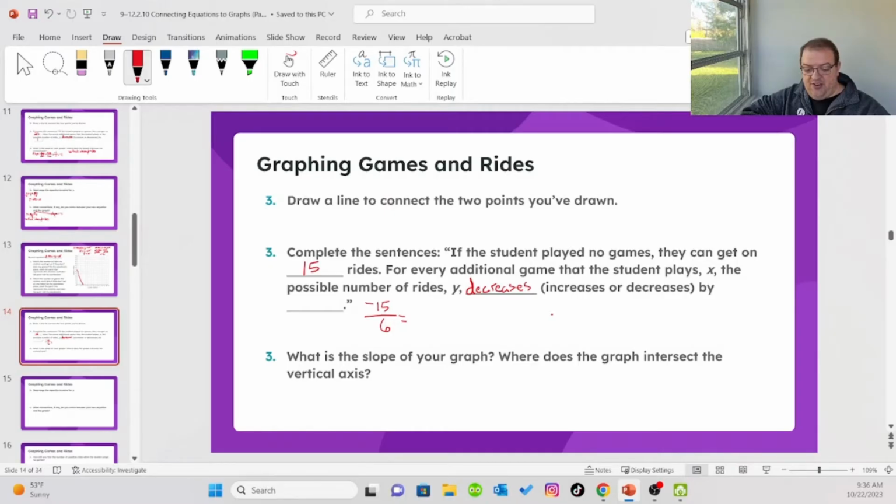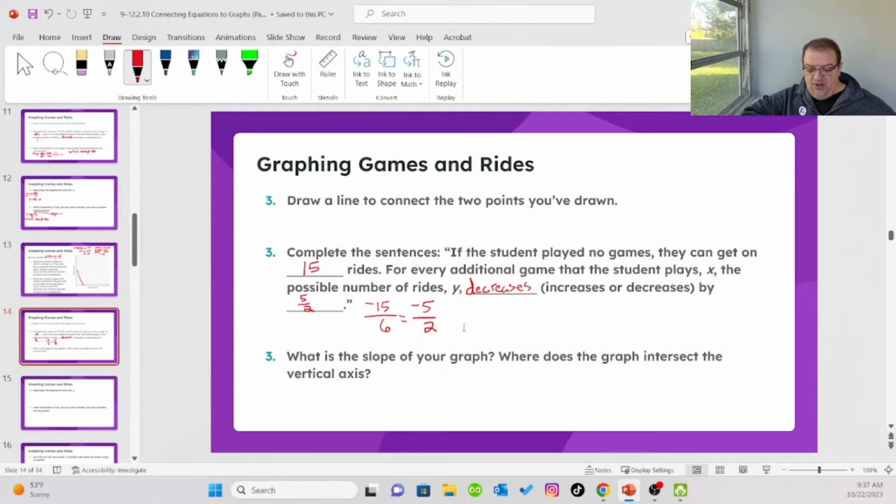So if I divide negative 15 by 3, I get negative 5. And if I divide 6 by 3, I get 2. So this tells us how much we're decreasing each time. We are decreasing by 5 halves every time we increase the number of games by 1.